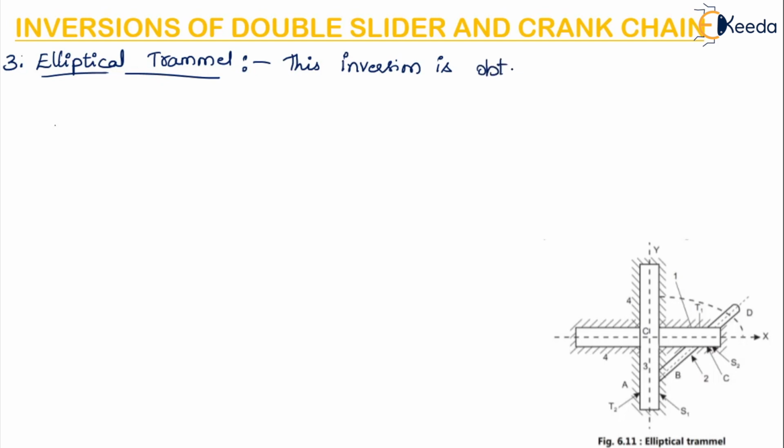The mechanism obtained by fixing the link 4 is called the elliptical trammel, which is shown in the figure.